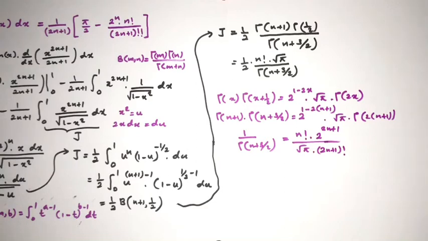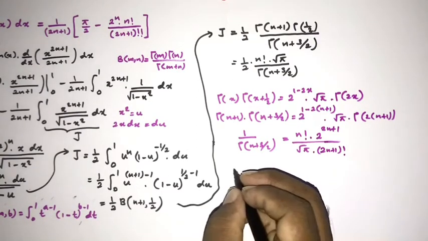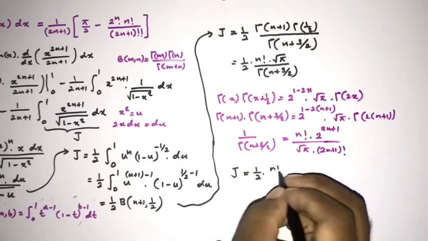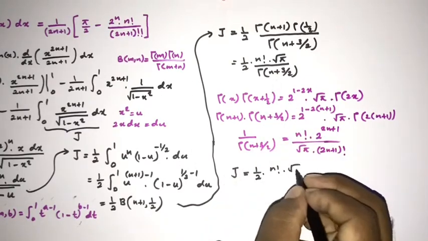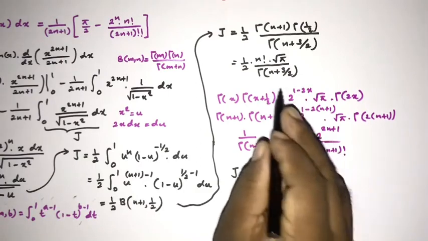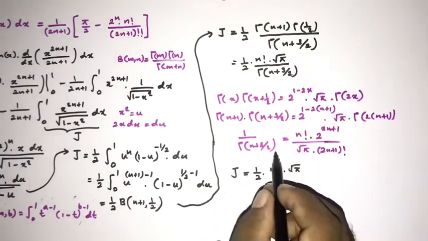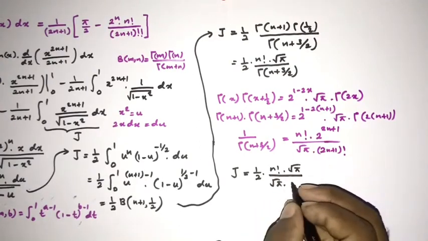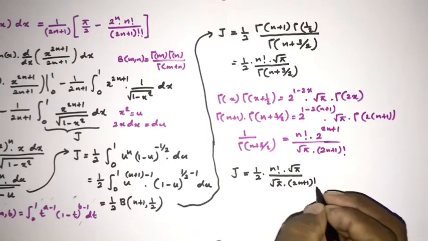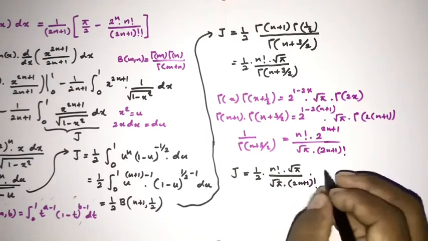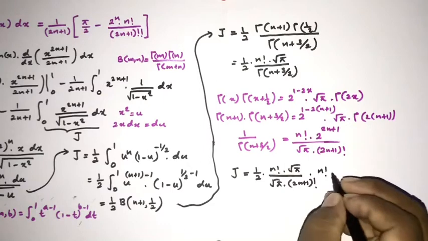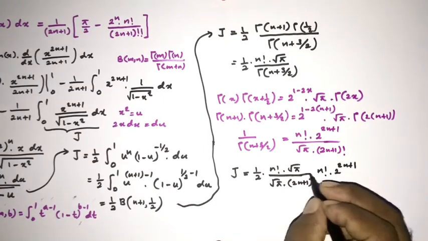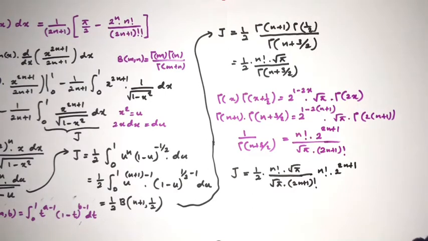Okay, then we can write now J is equal to 1/2 here n factorial times the square root of pi, and here 1 over gamma of n plus 3 over 2, we know we have here the square root of pi, 2n plus 1 factorial times here n factorial times 2 raised to the 2n plus 1. Okay, then we can simplify.